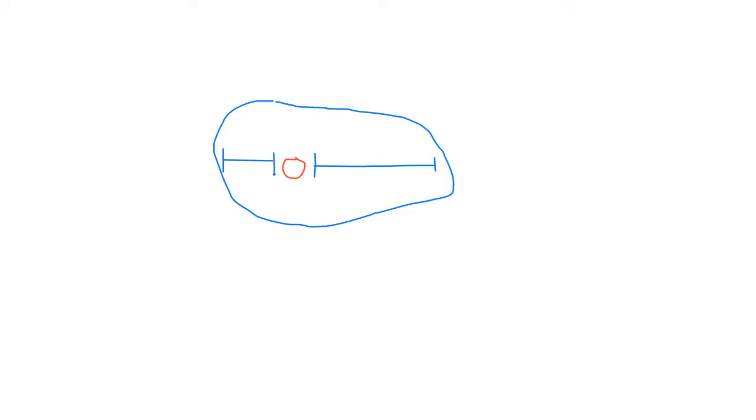This is our orbit around the Sun. So here we are much closer to the Sun, here we are much further from the Sun. So here the apparent size will be bigger, here the apparent size will be smaller.